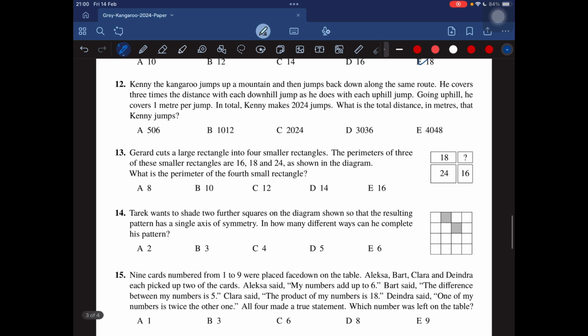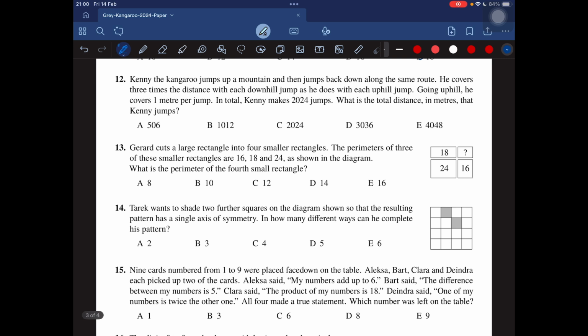Kenny the kangaroo jumps up the mountain, then jumps back down along the same route. He covers 3 times the distance with each downhill jump, and going uphill, he covers 1 meter per jump. Okay, so he just keeps going up and down. We can calculate his total distance.